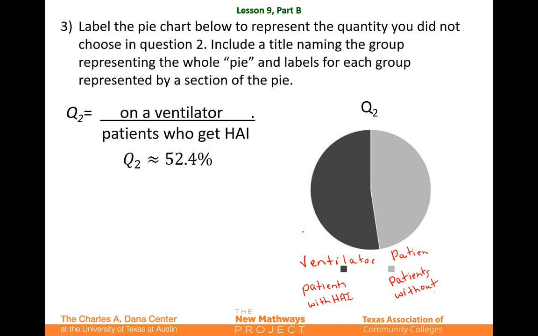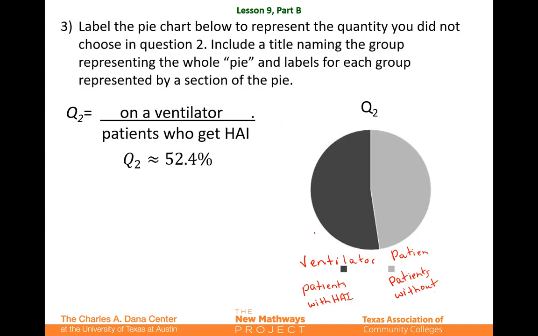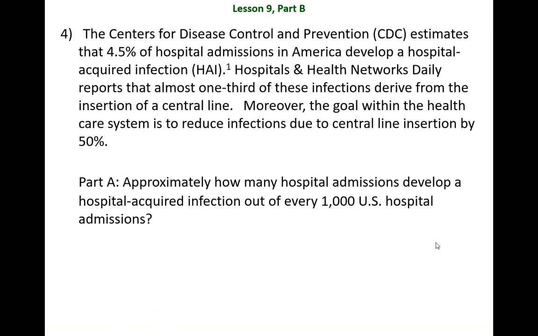No, wait a minute. Let me go back. Were they ventilator patients? Yes. Making sure for this story. They were both the dark and light gray were ventilator patients, but they're saying 52.4%, a little over half, had an infection. The light gray is the ones that did not get the infection.